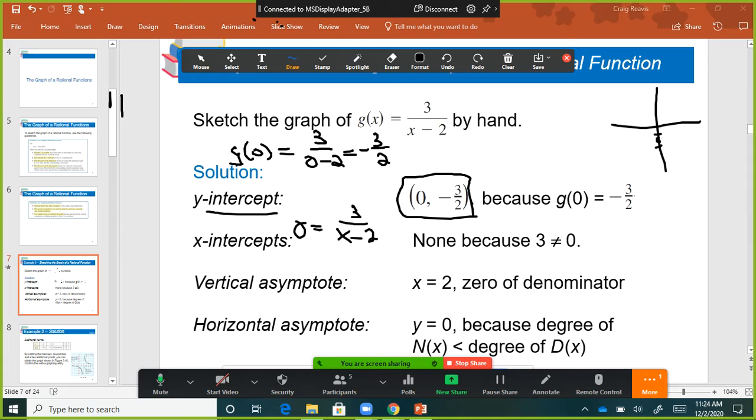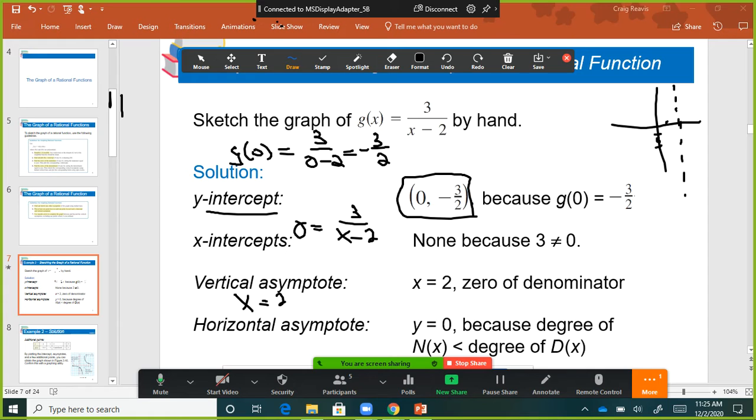Vertical asymptote. Remember, the vertical asymptotes come from what causes the denominator to be equal to 0. In this case, x equals 2 would cause the denominator to be 0. So that means if I'm looking at the graph, this is an asymptote right here, a vertical asymptote. That means the graph does not cross it. All right, it may start again on the other side.